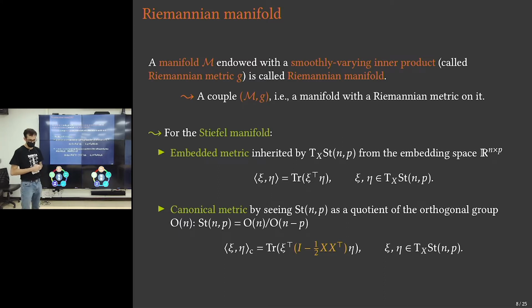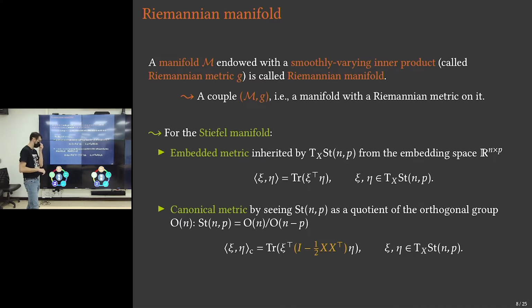The other option for the metric is called the canonical metric, and this is given by seeing the Stiefel manifold as a quotient of the orthogonal group. This is the metric that I usually consider in all the following slides, and in my work.